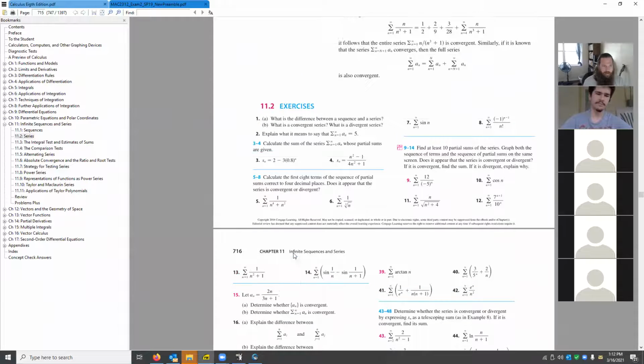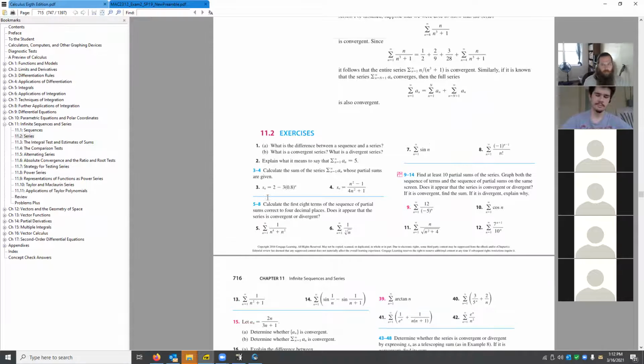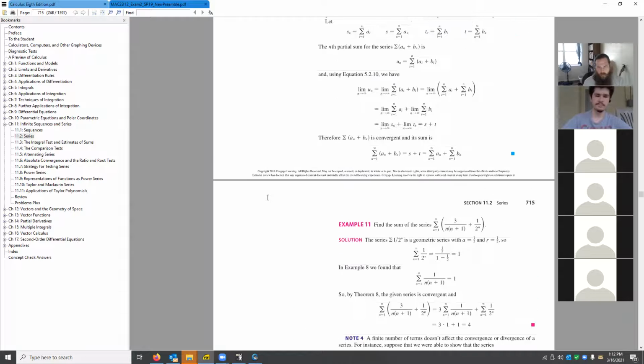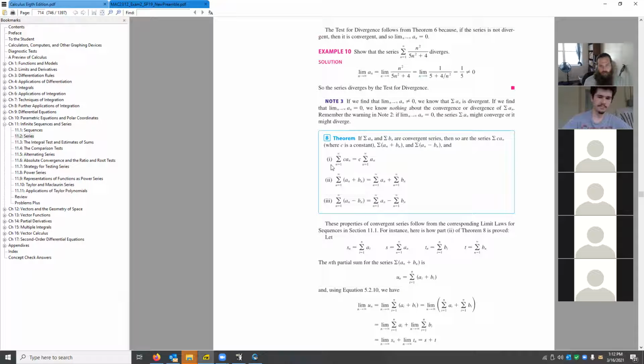It's been some time, so let me jog your memory. Remember this guy? If these are convergent series, then so are these, where c is constant. In particular, you can pop the constant out. The constant multiple of a convergent series is another convergent series.